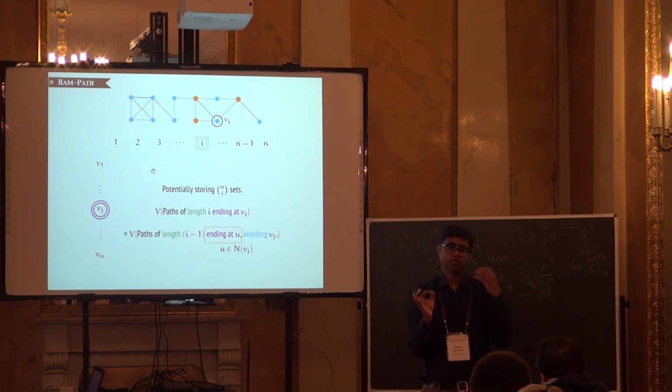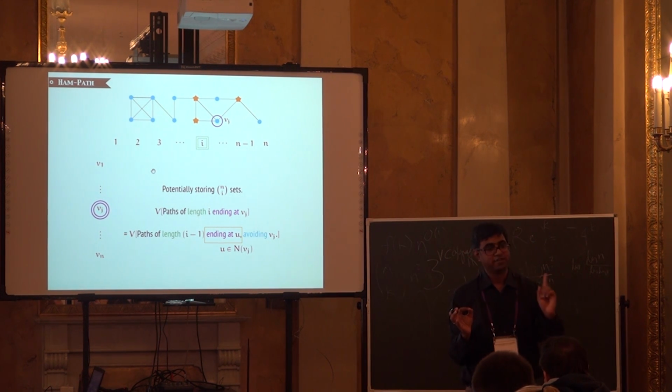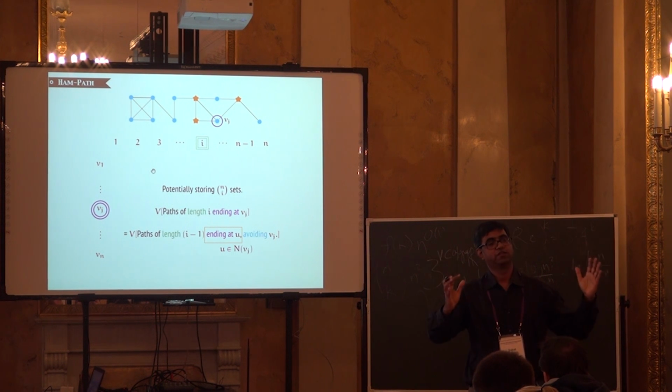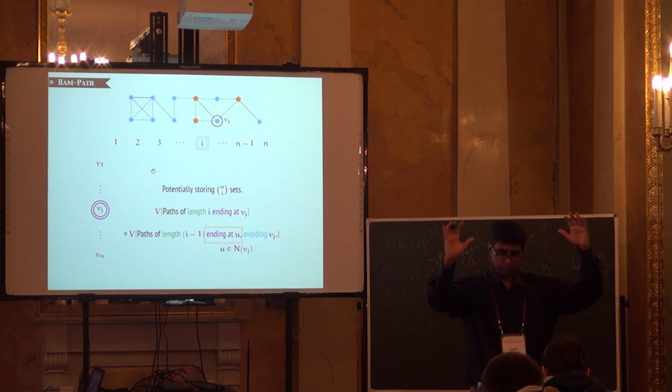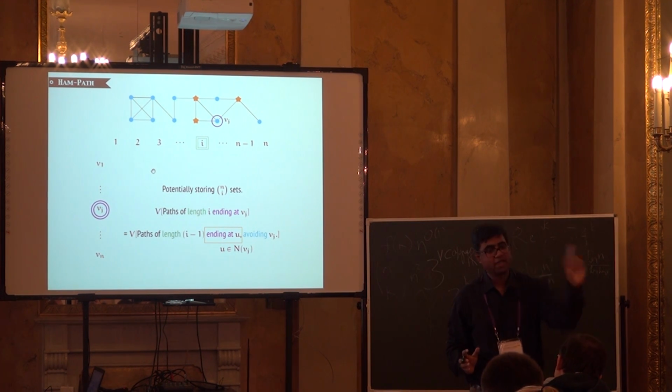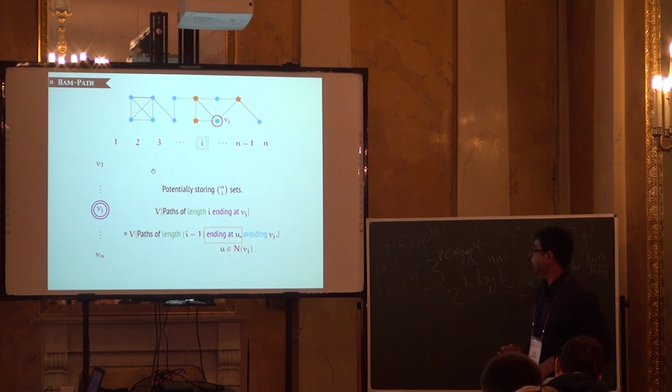So basically, you can think that you are storing a representative of the equivalence relation which you have defined: two sets or two paths are equivalent if they use the same set of vertices. And from this equivalence class, I have stored exactly one path. Okay? So this is my dynamic programming.